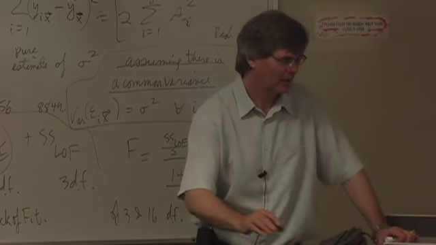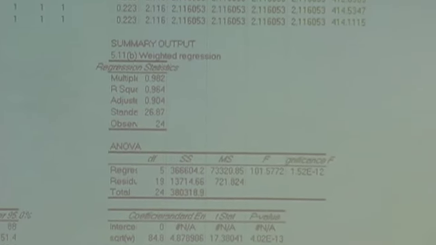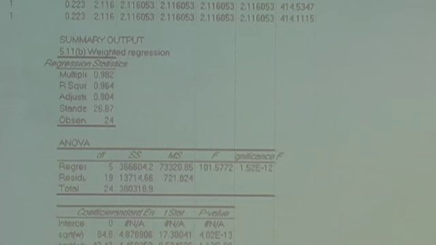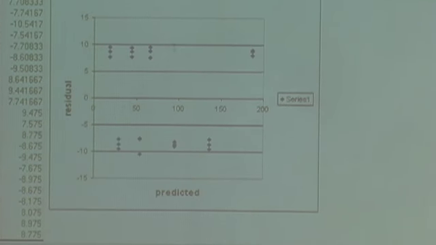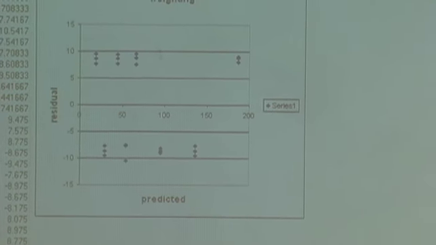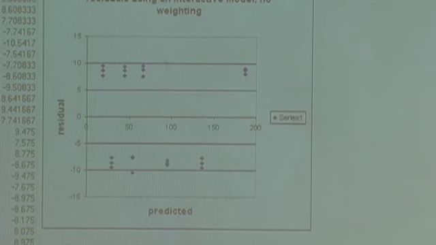I think I showed here, let's see, where'd the sheet go? If you play around with this example enough, you're not going to get anything like that. Here are the residuals I got. They look kind of like a pattern, unfortunately.